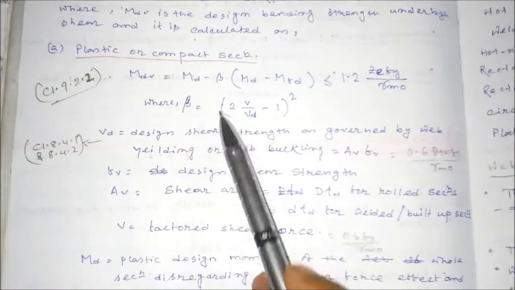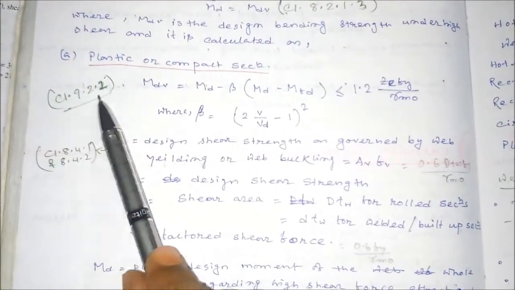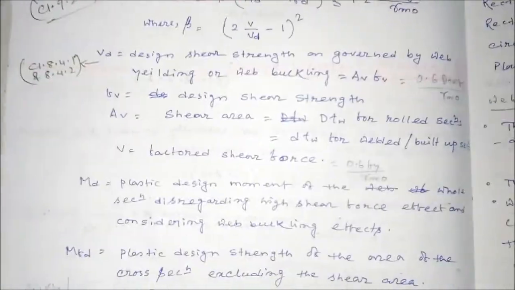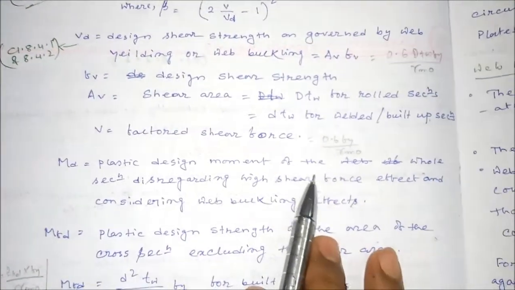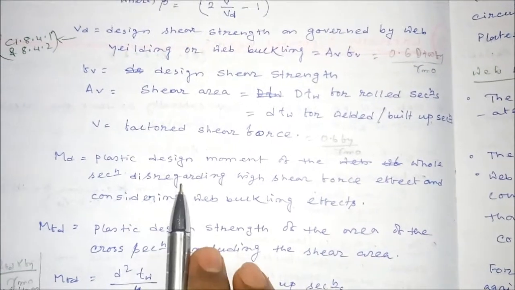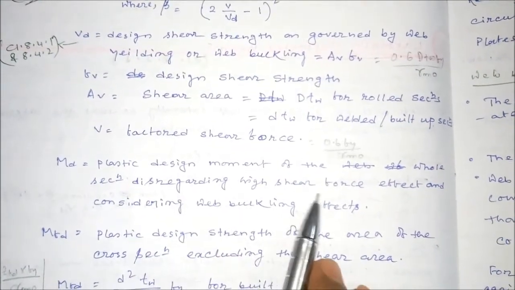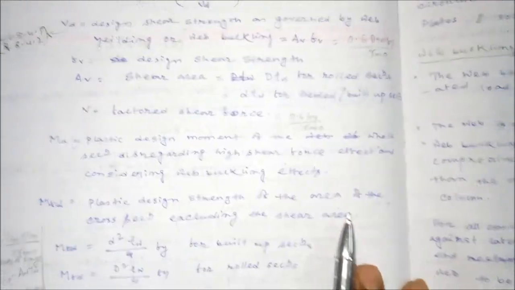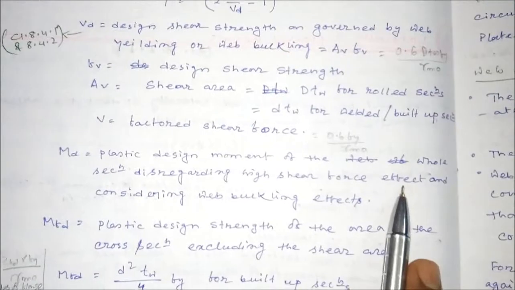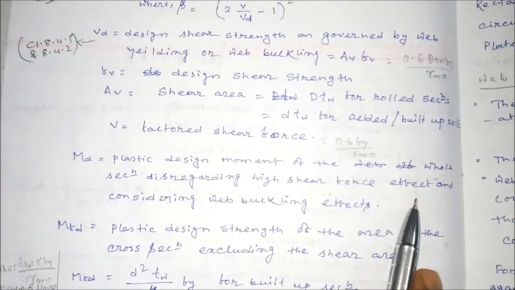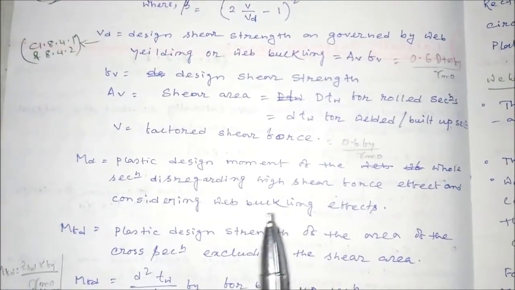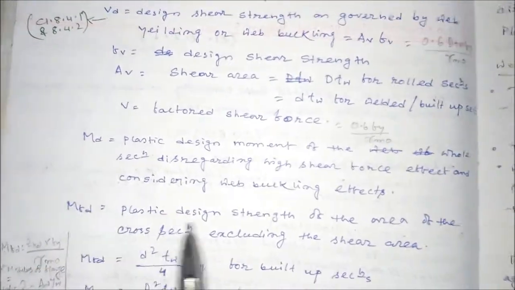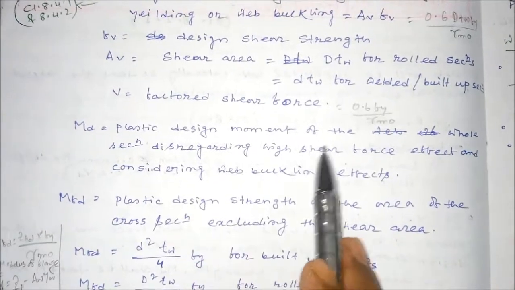MD is basically the plastic design moment of the whole section disregarding the high shear force effect and considering the web buckling effect. So MD you need to find out by the equation what we have already done for low shear condition, right? So you have to use the equation for MD for this.